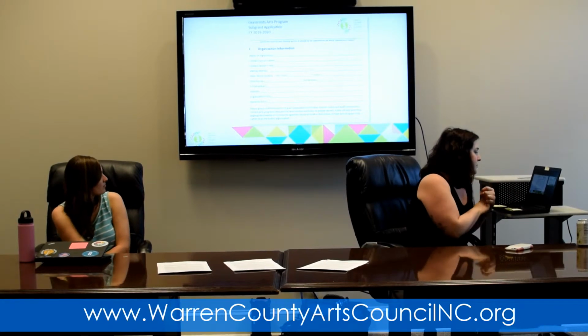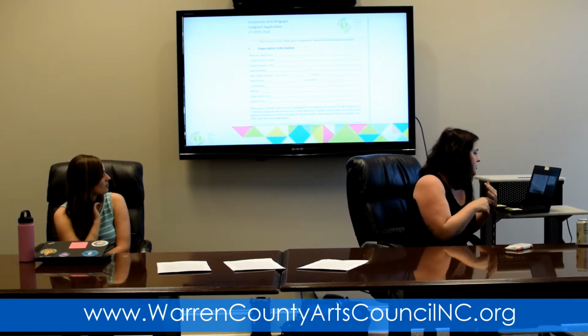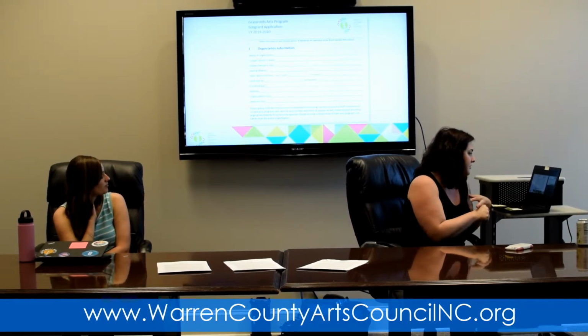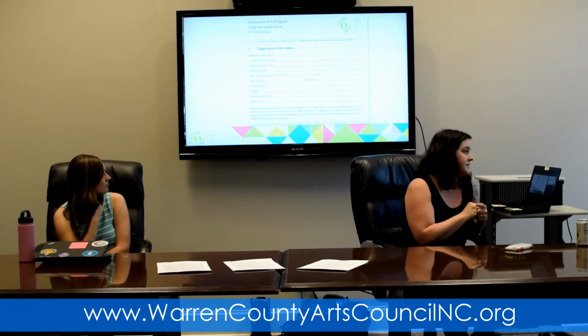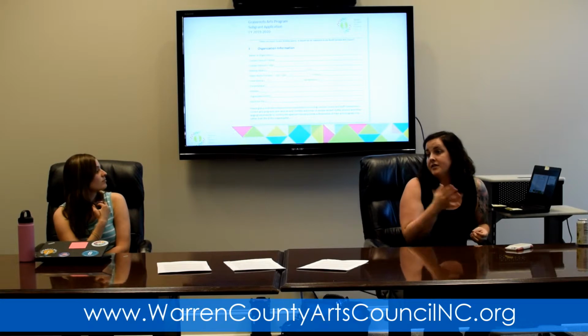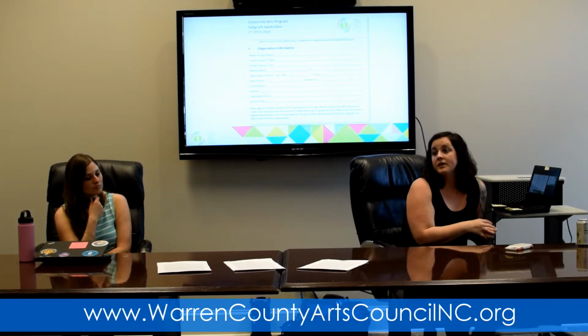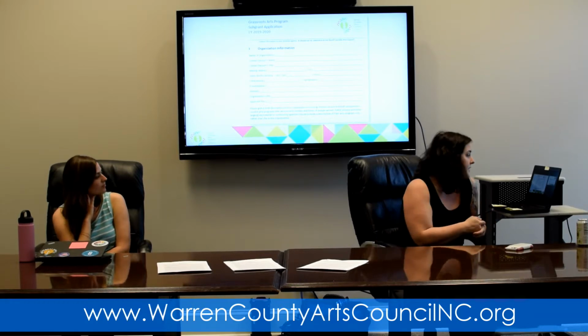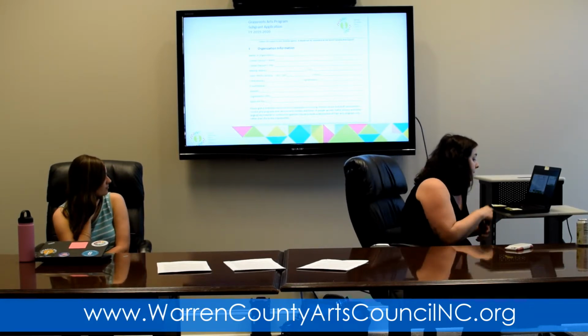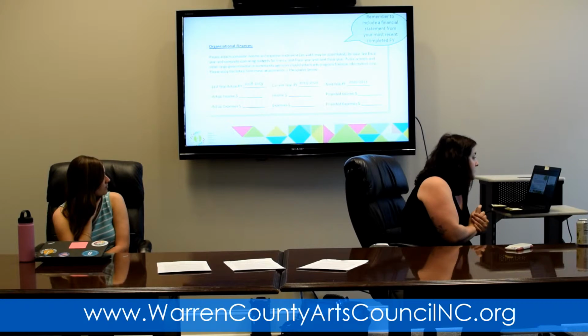Then, of course, you have to give a brief description of your organization, your mission, what your board and staff looks like, any current programs that you have related to the arts. So if you have an artist coming out, Dickie, working with kids, I know you've done some of that with Parks and Rec, that would be an example of something you would include in that.